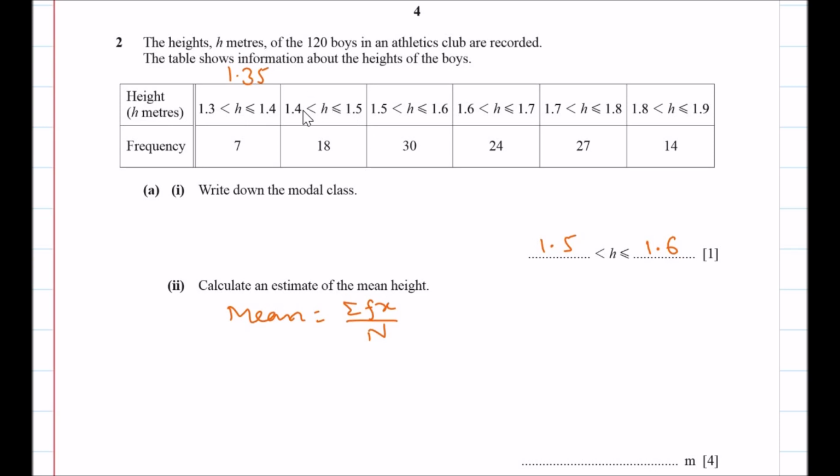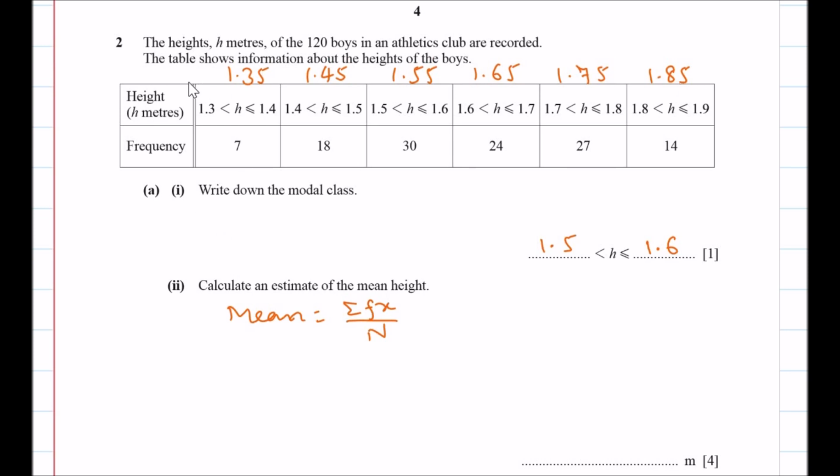Next, 1.4 to 1.5, same way we can find, this will be 1.45, this will be 1.55, this is 1.65, here 1.75, here 1.85, right?